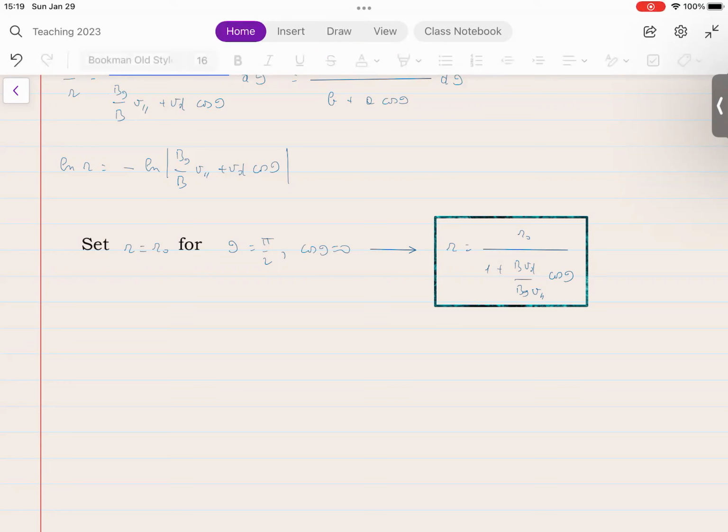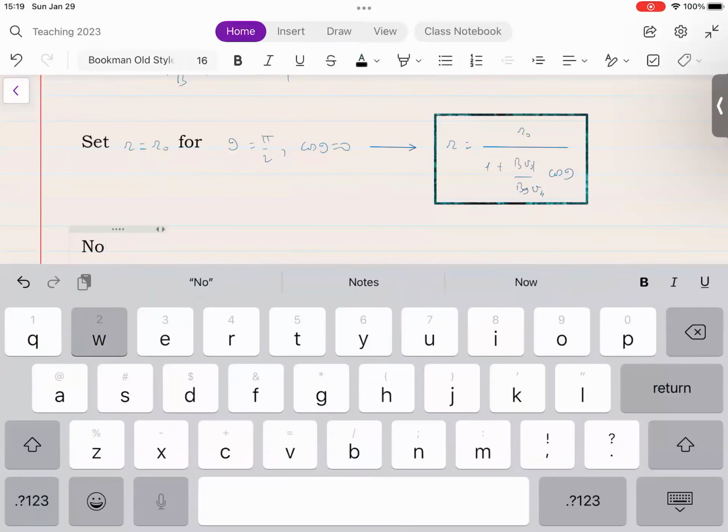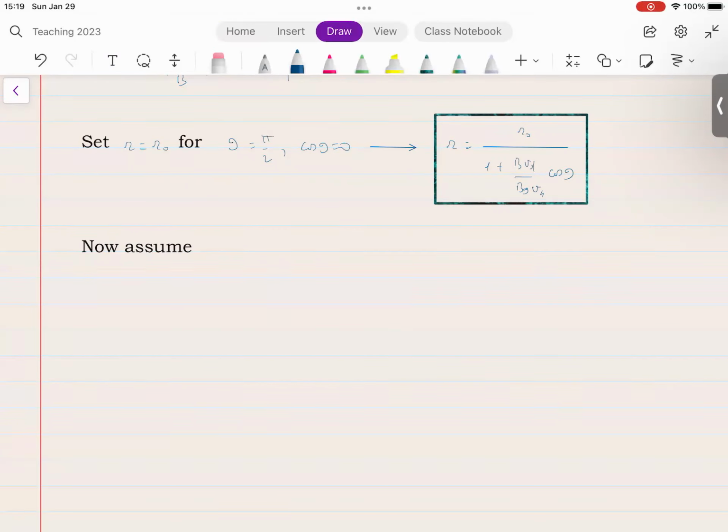Now we're going to take one more simplifying assumption. That is, we're going to assume that this quantity B V drift over B theta V parallel is small, and by small, I mean much less than 1.